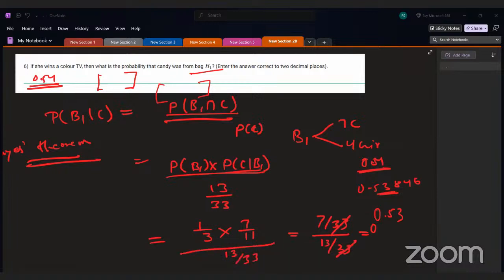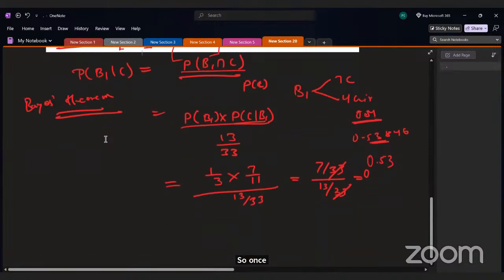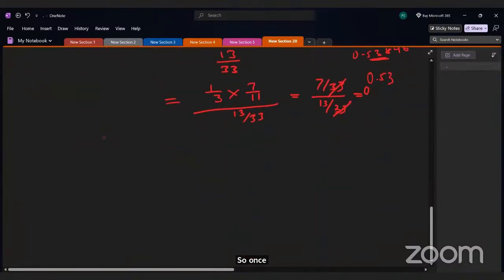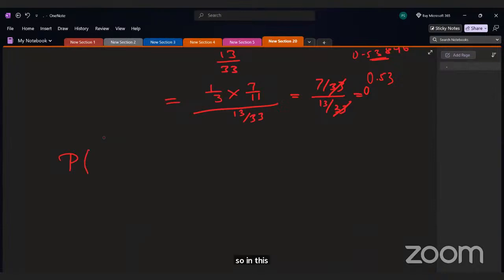Yes, Renu? Sir, once again explain, I can't understand how you apply the formula and find the answer. So in this, what they are asking is: what's the probability that if cinnamon is chosen, it was from bag B1?